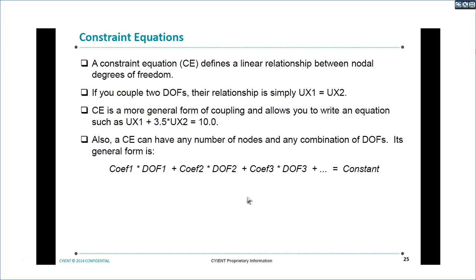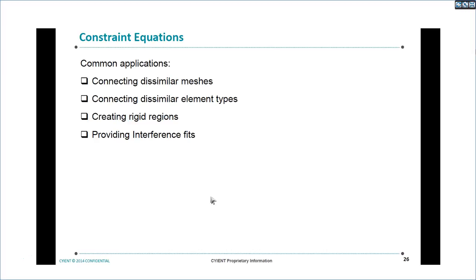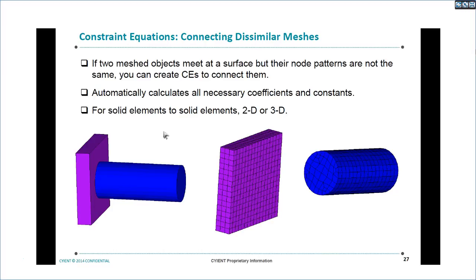It may be 1, 3, 4. So many nodes we can establish the relation in similar fashion, depending upon our analysis requirements. Common applications are connecting dissimilar meshes, connecting dissimilar element types, creating rigid regions, providing interference fields. So these are some applications in constraint equations.